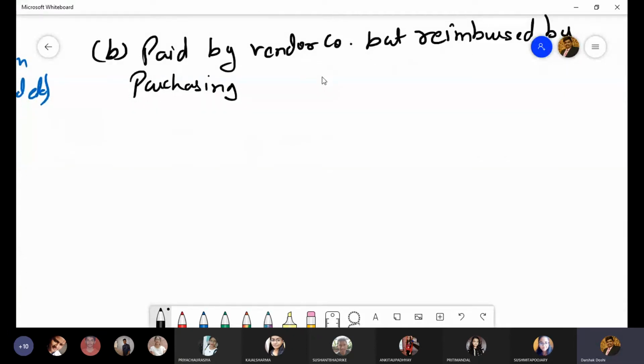That is, the purchasing company is asking vendor company to pay it first and get it reimbursed from purchasing company. So there are two transactions over here. One, payment by the vendor company, and second, receiving the money from the purchasing company. So first, we will pass an entry for payment.